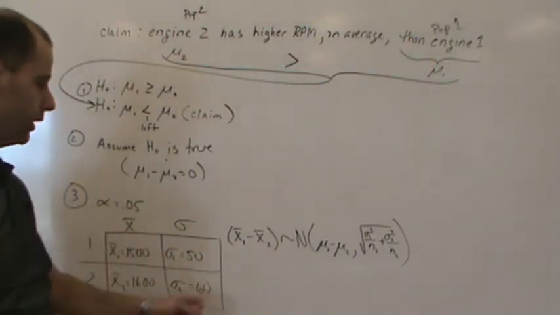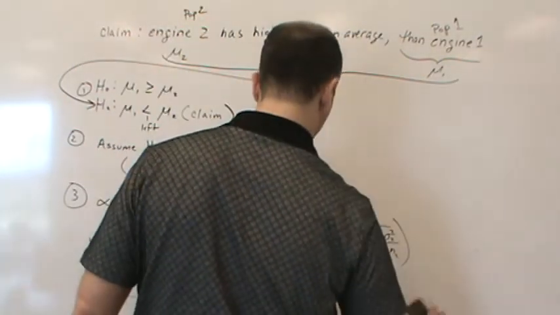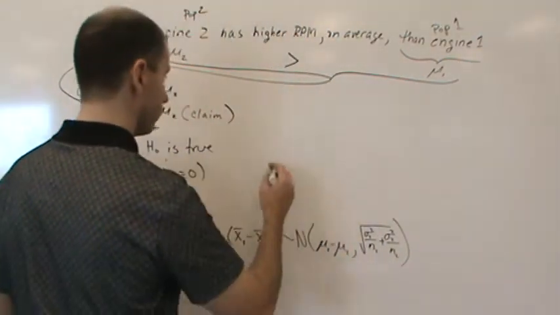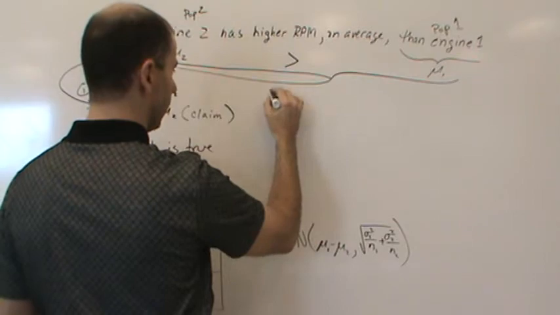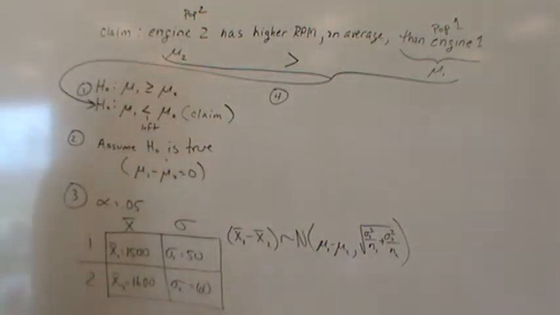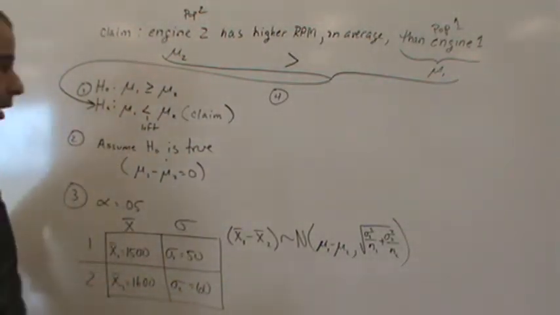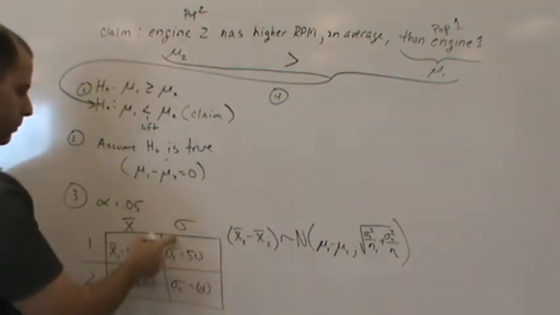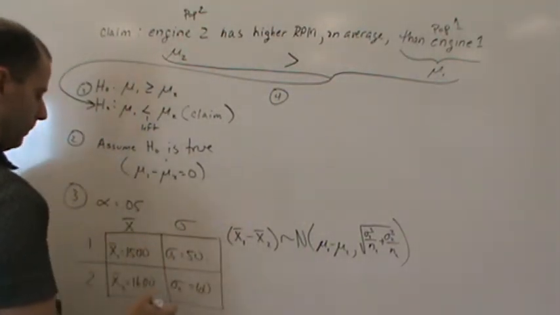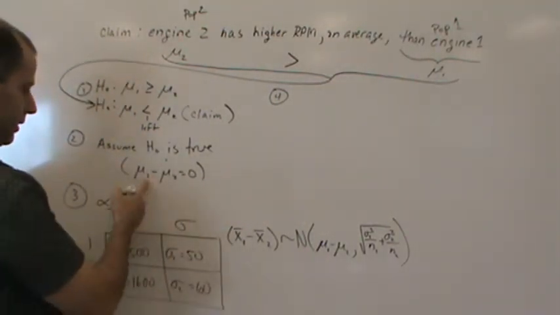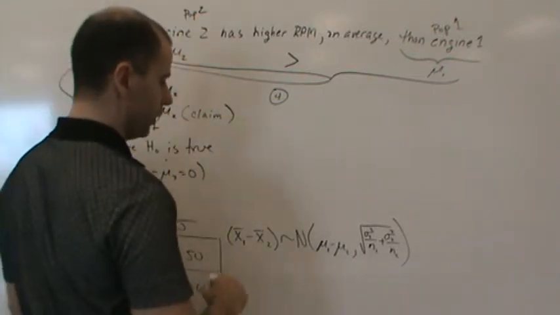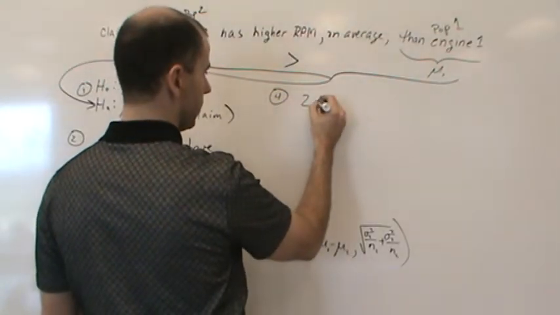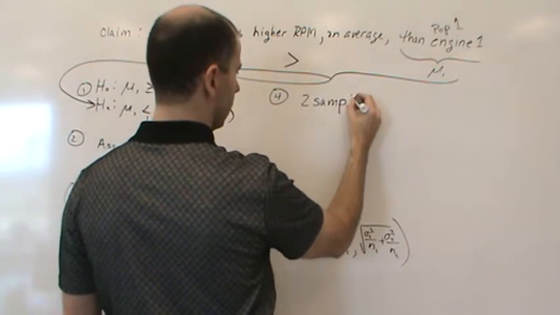Now that we know that, we can go to step 4, right? Step 4 is our test, and here I'm just going to use the calculator. Again, I know sigma, and it's the difference of means, so I'm going to use the 2 sample z-test.